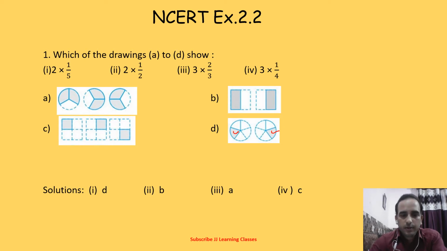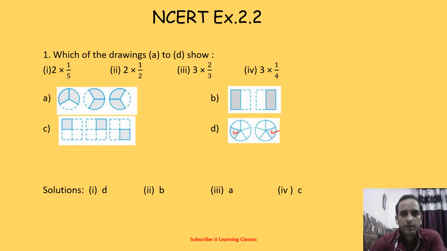For the third part, similarly as we have done the first and second, we need to understand 2/3 and 3 times, so 3 wholes are there, and 2/3 means 2 shaded parts among 3 parts, right? So here we have 3 times 2 by 3. Now the fourth part also, we have 3 times 1 by 4, so you can have the answer C for this.